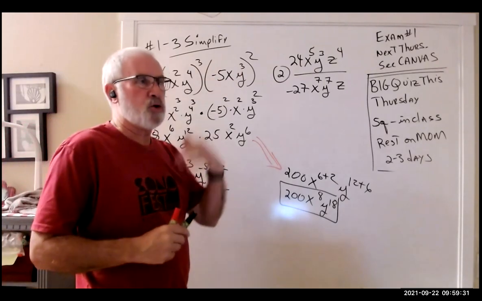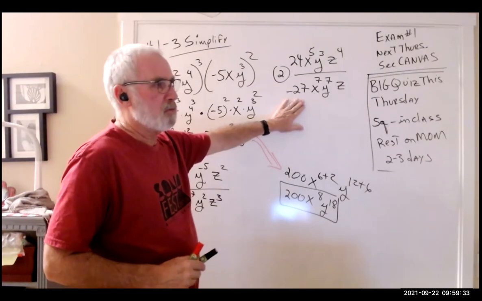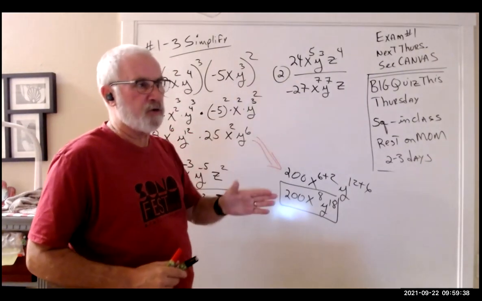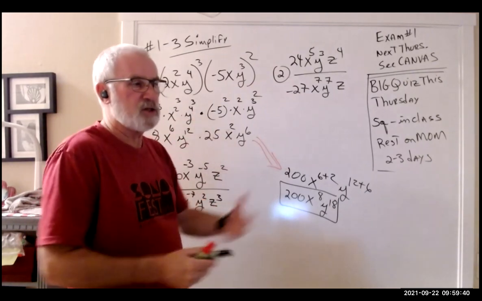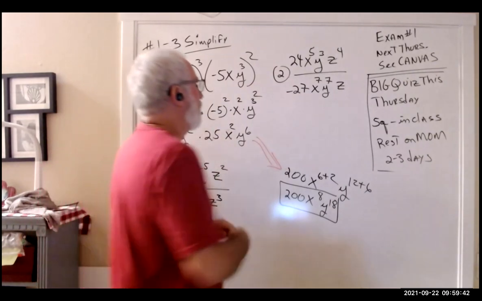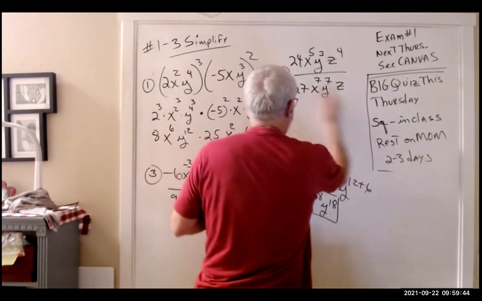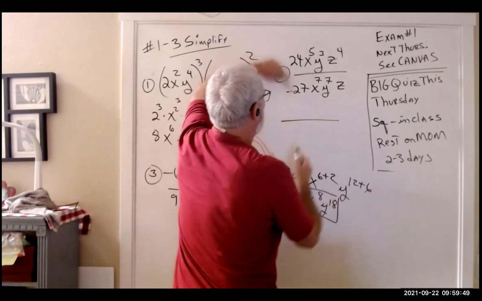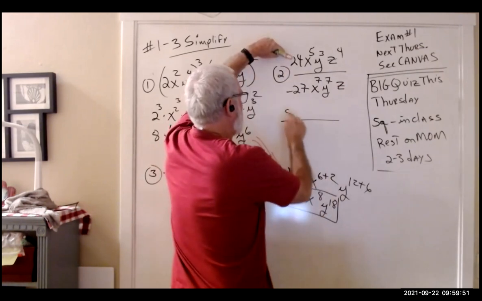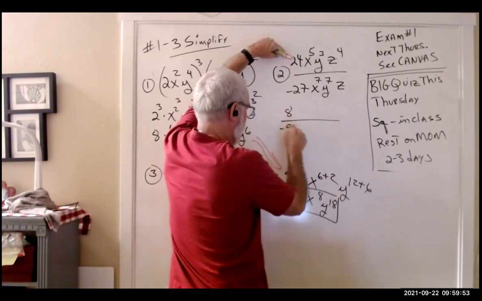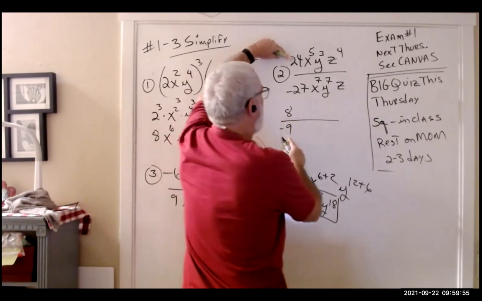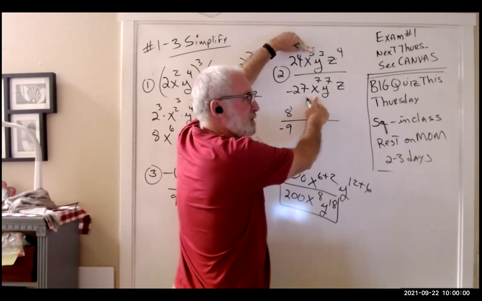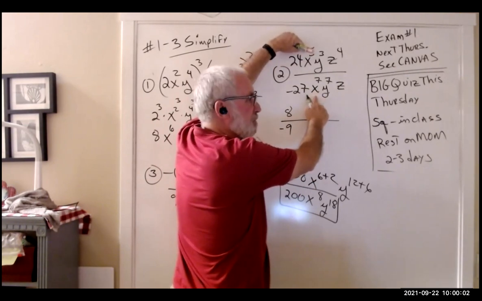Moving on to this one. There are 2 ways to do this problem that we've talked about. One way is what I call the cancel way. That's the fastest, easiest way. So what we do is just reduce number with number. 3 goes into 24 8 times, 3 goes into 27 9 times. Then we move to our x's and we think, oh, look, I have 5 x's on top, 7 x's on bottom.